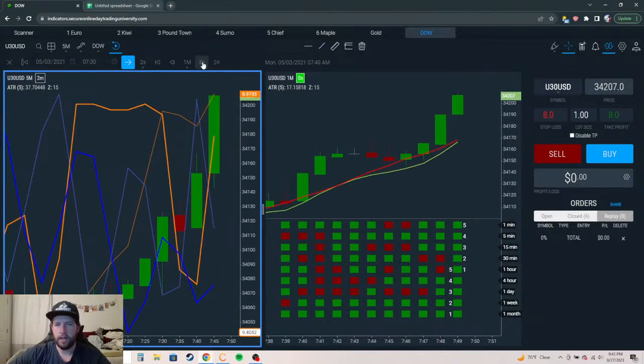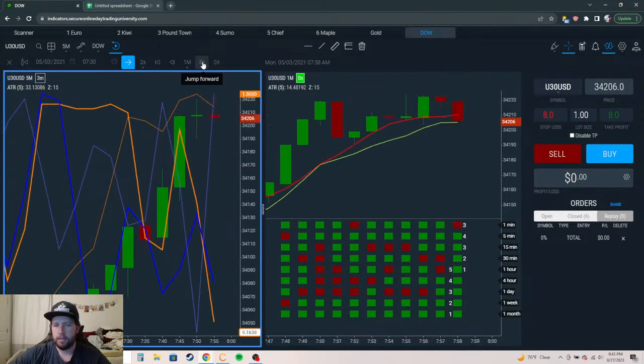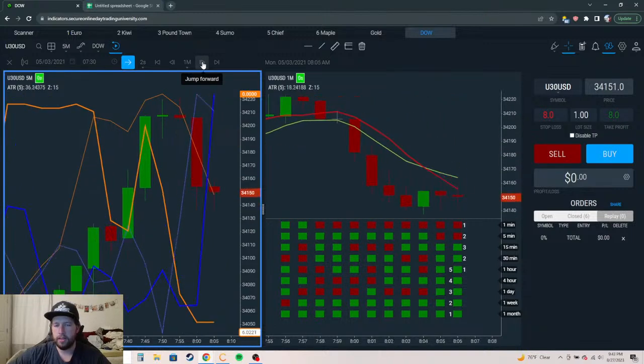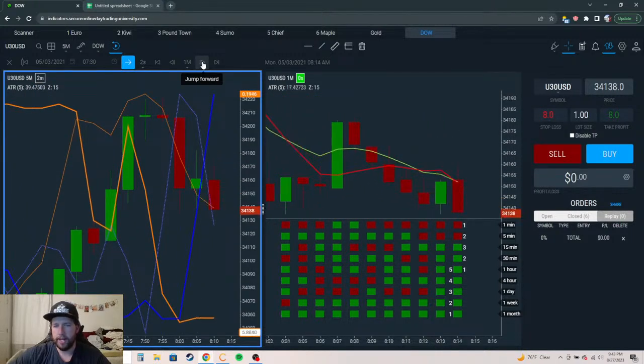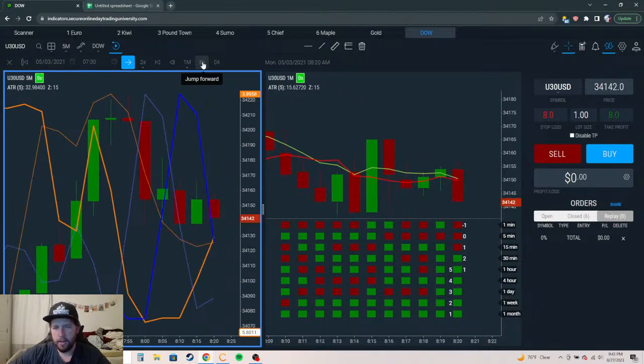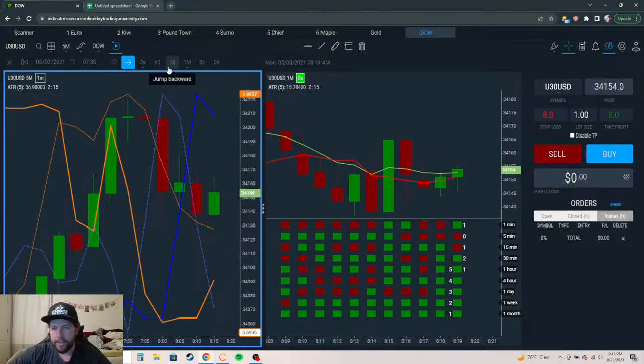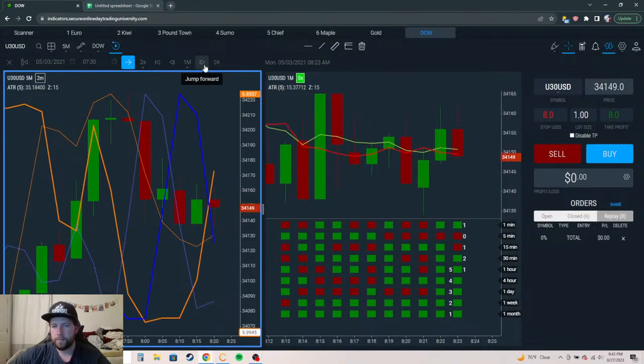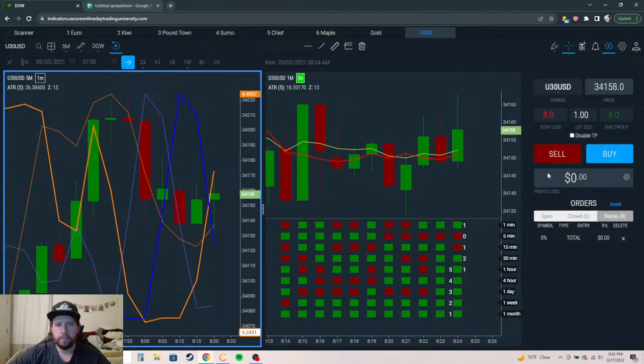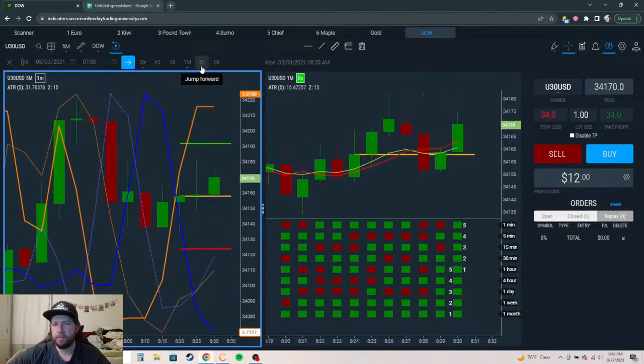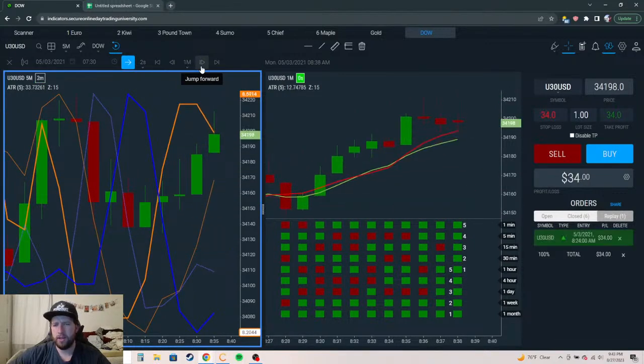Ooh, this got laggy. I don't know why it's moving so slow. Hopefully it doesn't keep doing this. There's a buy. Oh yeah, why is this going so slow?